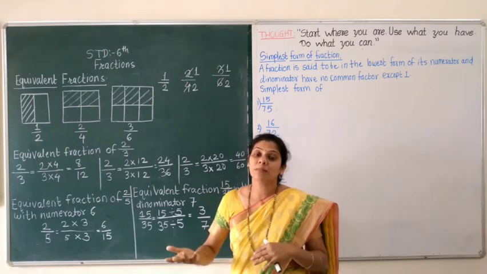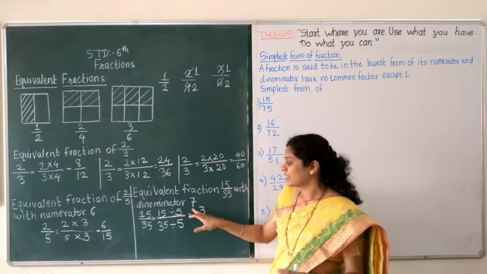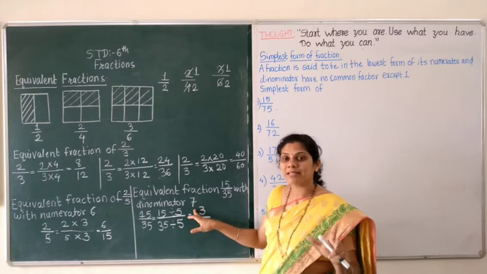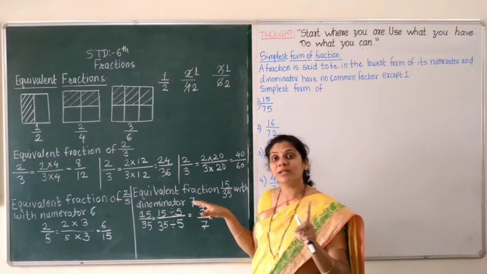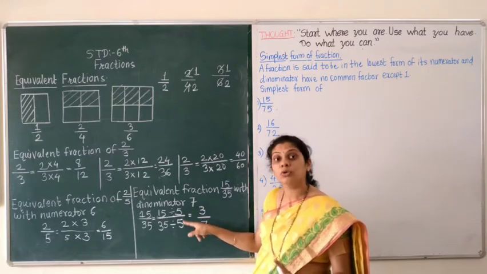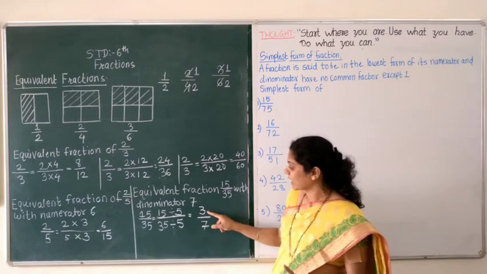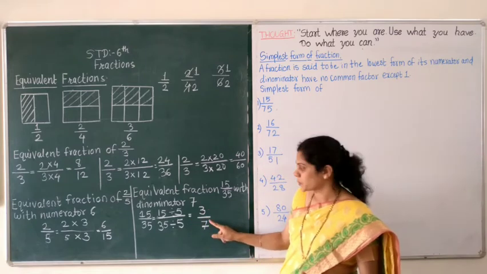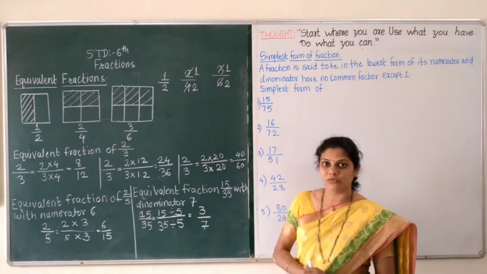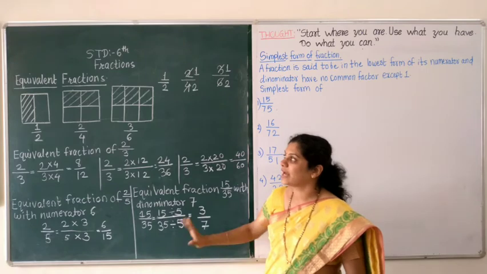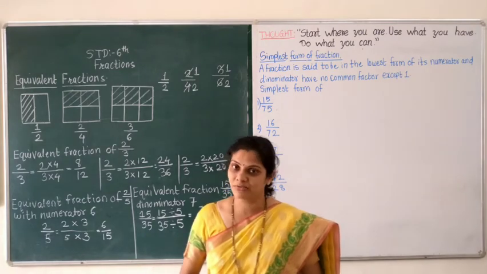So which number do I have to use here for the division? So I know that 7 in the table of 7 at the 5th place I get here 35. 7 fives are 35. So I will divide this fraction by 5 at both places, numerator and denominator. And I get here 3 upon 7. So my denominator will be 7 and my condition is fulfilled. Okay. So like that we have to follow the rules while solving the sums about the equivalent fraction.